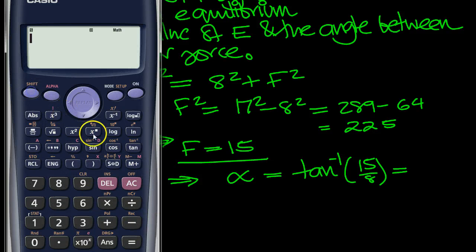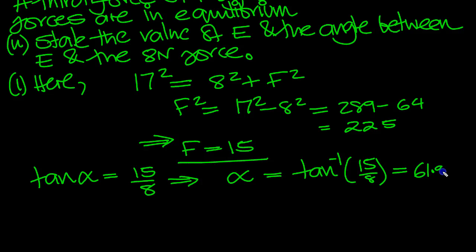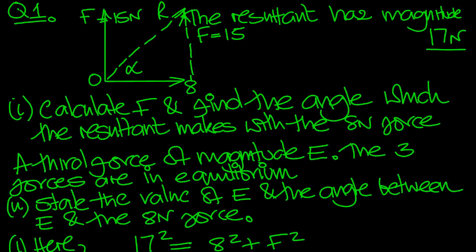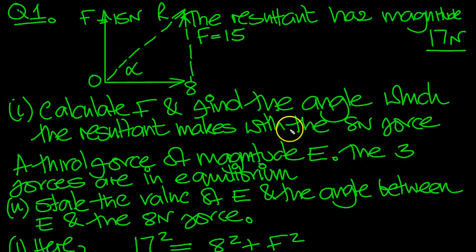We're in degrees mode, so inverse tan of 15 over 8 is 61.9 degrees to three significant figures. So that's the angle the resultant makes with the horizontal 8 Newton force.